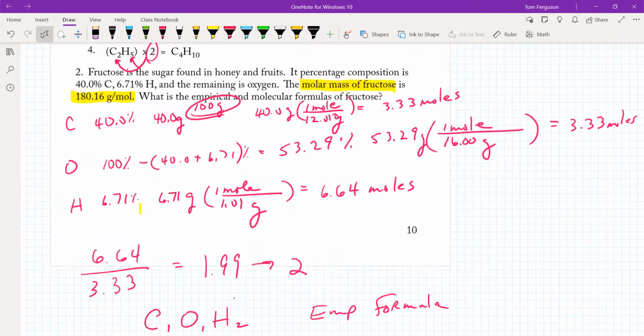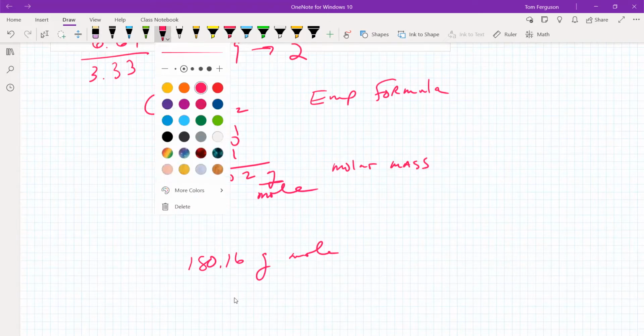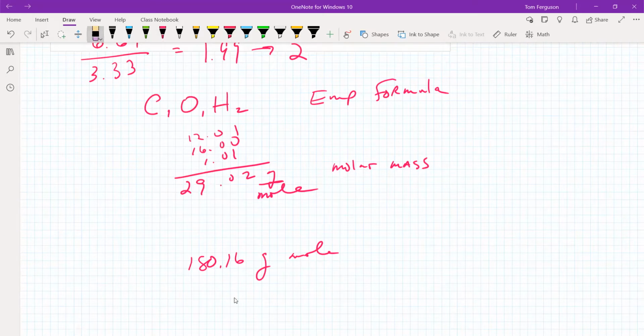Up here it says we have 180.16. And that is the molar mass.